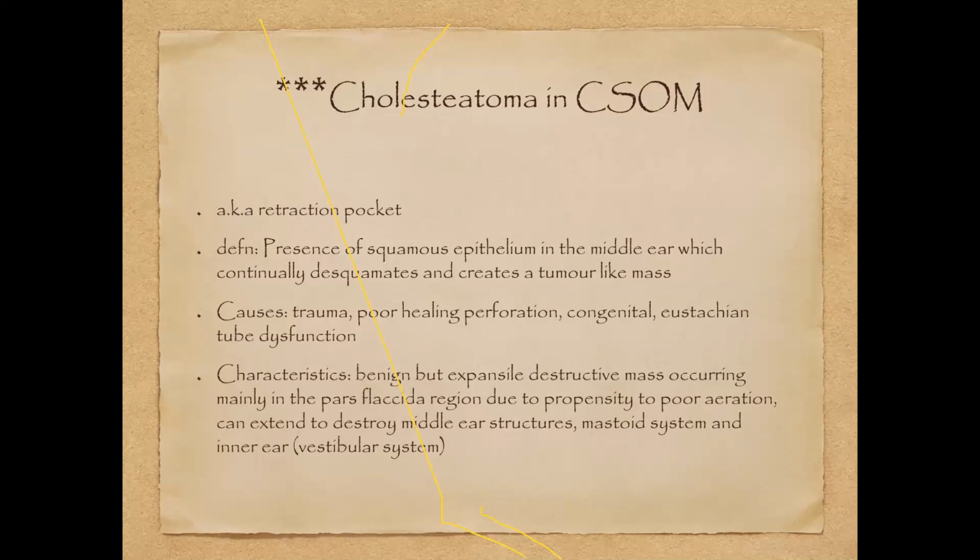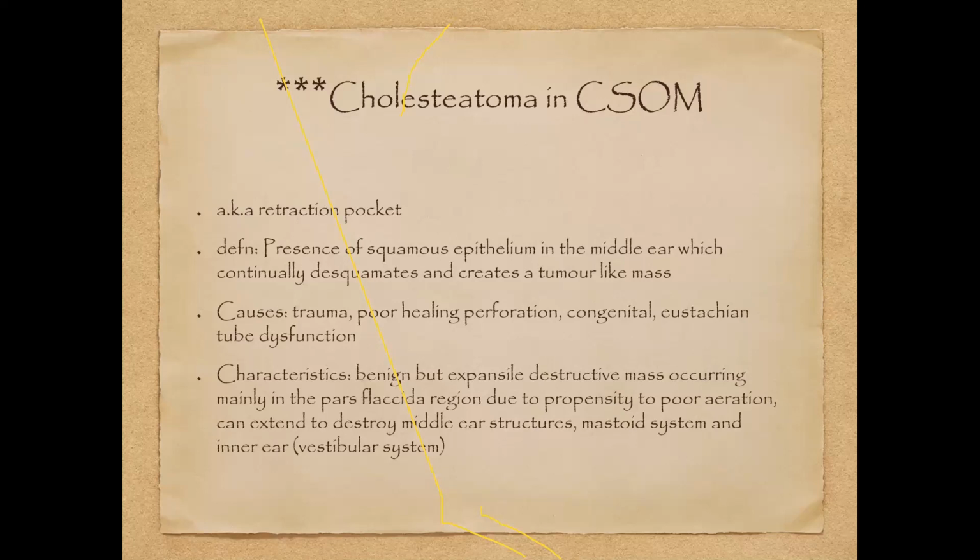So you have a retraction pocket in the pars flaccida, and then you have this squamous cell debris that undergoes desquamation, and then they keep on accumulating like a tumor-like mass, and they keep on causing osteolytic changes, as we saw.